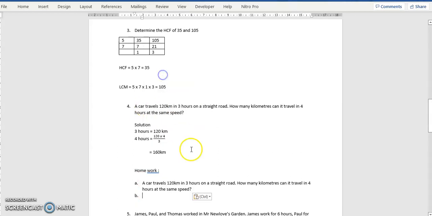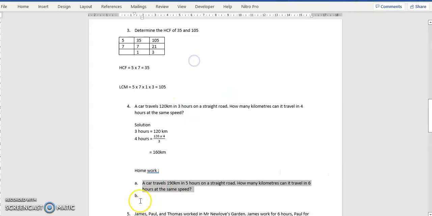Let's have this. Now I'm changing this one to 90, this one to 5, and this one to 6. You should be able to do that. Looking at the example, ne? Okay.